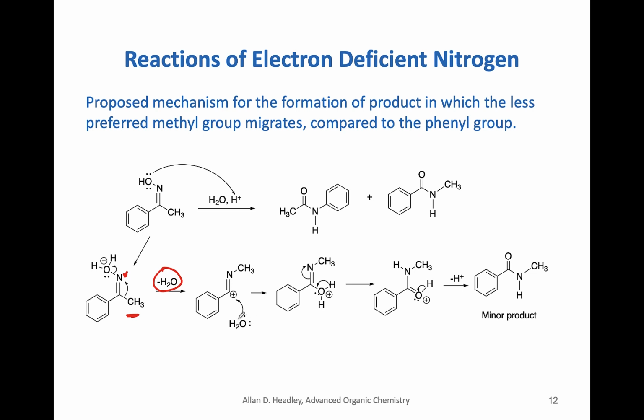Then nucleophilic water attacks here, and it continues until we have this as the product, but this now is the minor product, because now you can see here the methyl has migrated to this nitrogen, which is this methyl here now bonded to this nitrogen in the product. So that's the Beckmann rearrangement from the oxime.